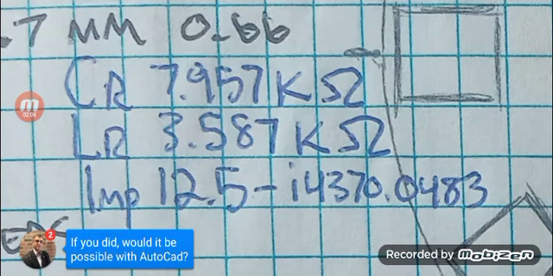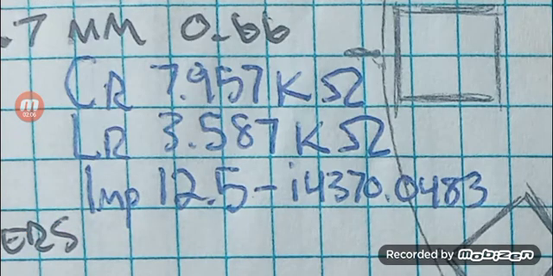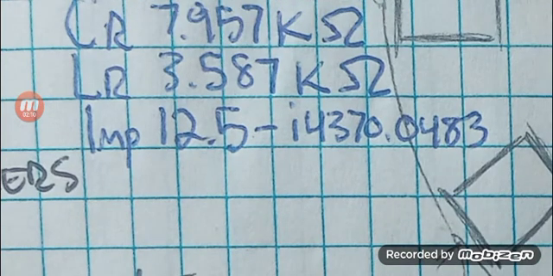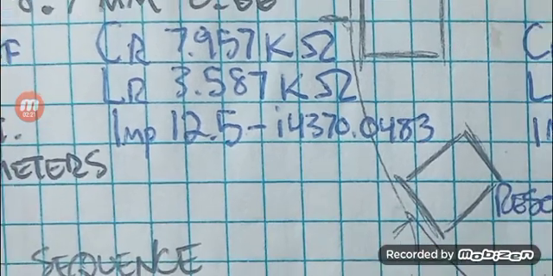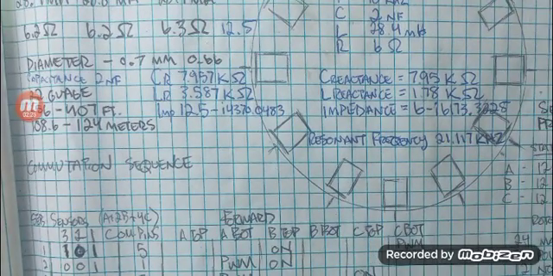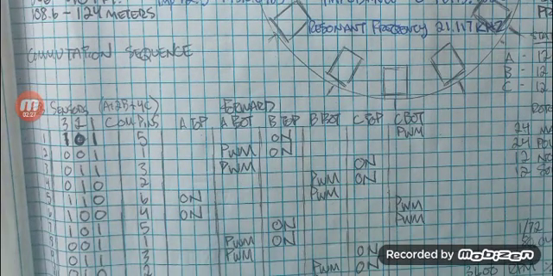And the impedance is 12.5 to 14,370. Okay. Here's the commutation sequence that it needs to go in.